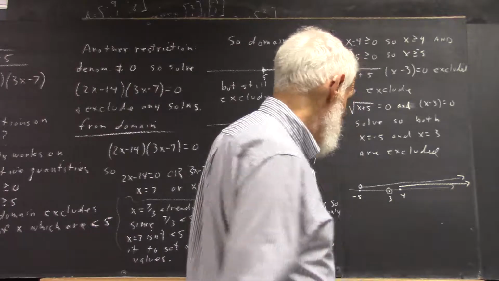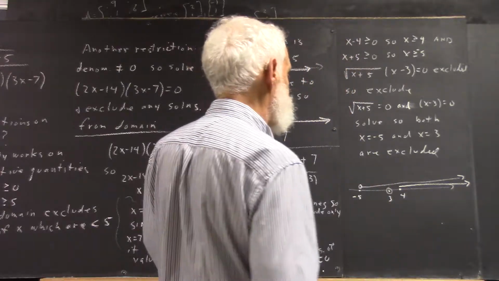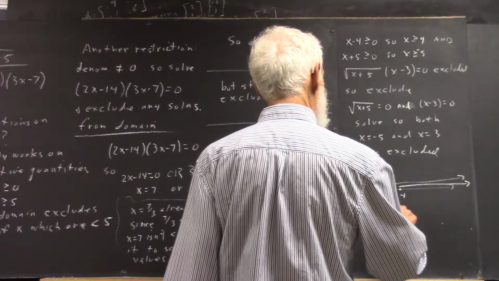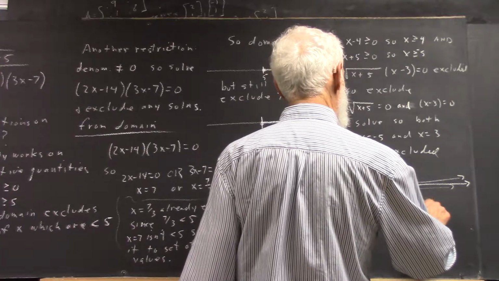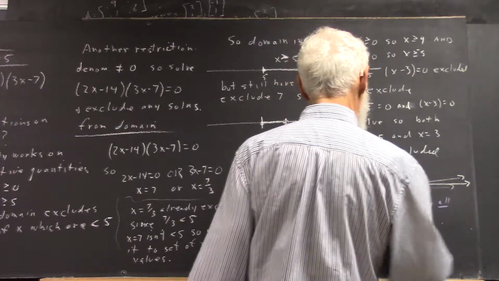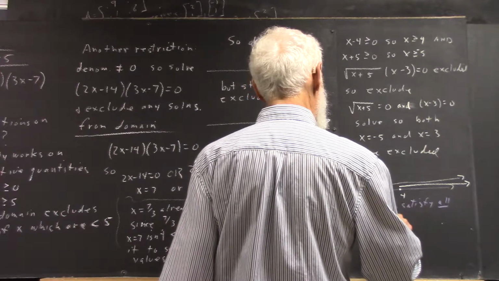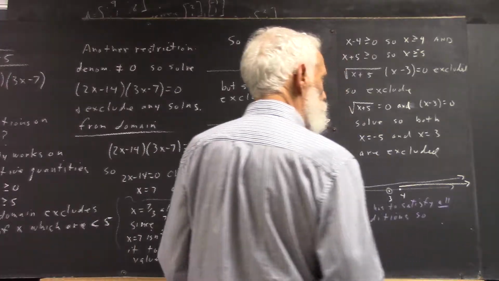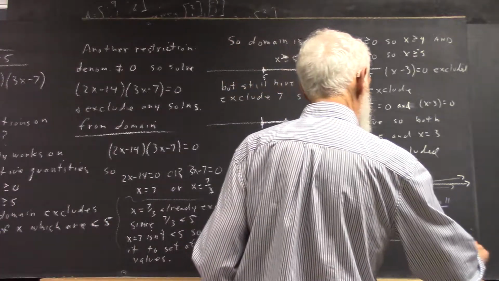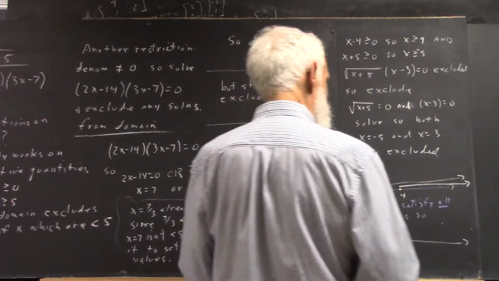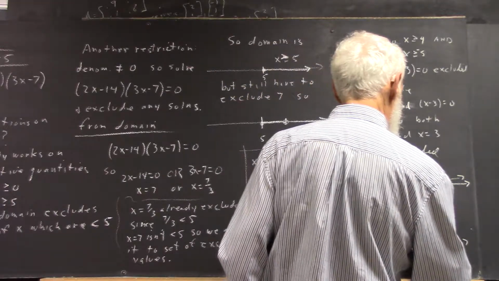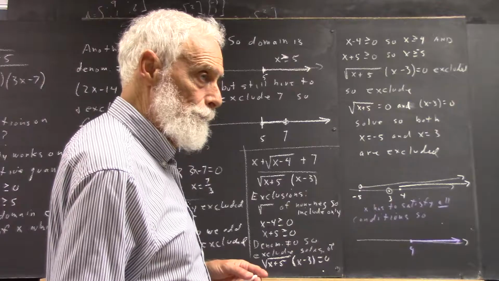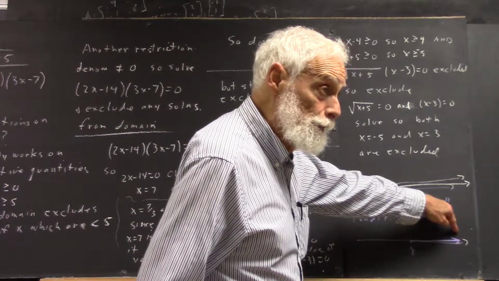So x has to satisfy all the conditions. The only thing that satisfies all the conditions is this, because this is one of the conditions.